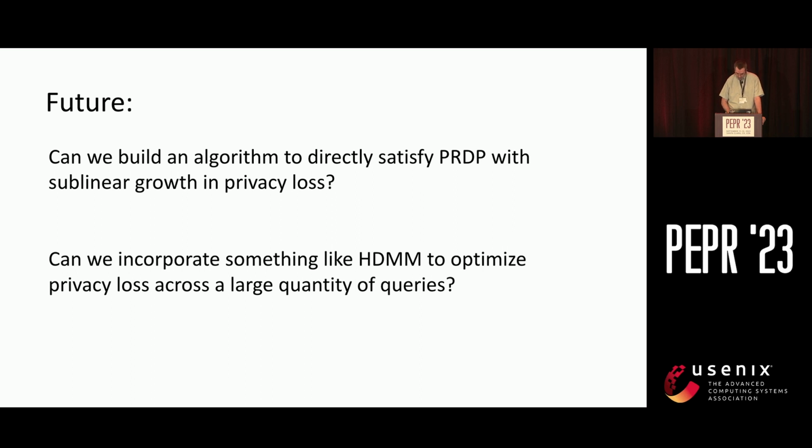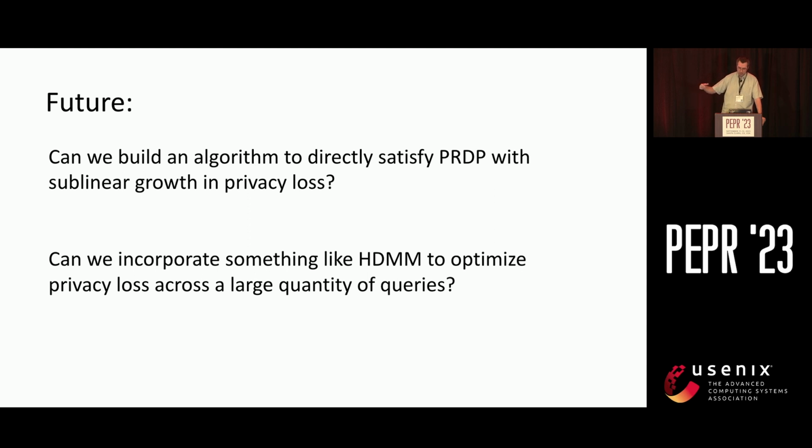The other question is whether we can incorporate something like the high dimensional matrix mechanism into this workflow to optimize privacy loss across the large quantity of queries. County Business Patterns, for example, is measuring something like 8 million establishments in this data set, but the Census Bureau releases something like 800 million cross tabulations out of this data.